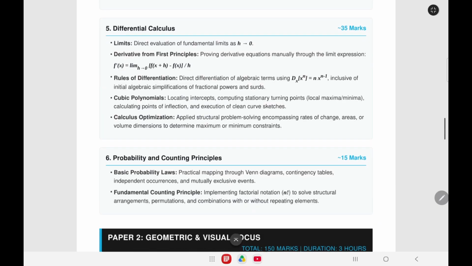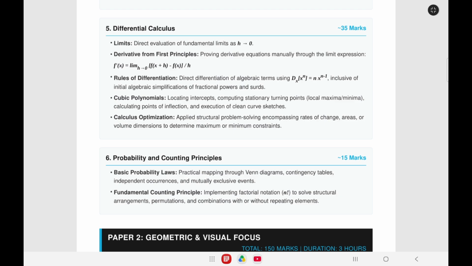Let's move to number 5, differential calculus. It's worth about 35 marks. You have limits, direct evaluation of fundamental limits such as h approaches 0, derivative from first principles, proving derivative equations manually through the limit expression. There's the formula. Rules of differentiation, direct differentiation of algebraic terms using that formula, inclusive of initial algebraic simplifications of fractional powers and surds.